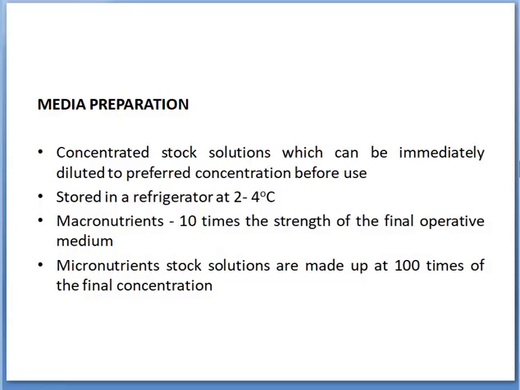Generally, macronutrients are prepared as stock solutions which are 10 times the strength of the final operative medium. Micronutrients are made up to 100 times of the final concentration in the working medium. Iron stock solution generally is prepared separately as a chelated solution of iron EDTA.